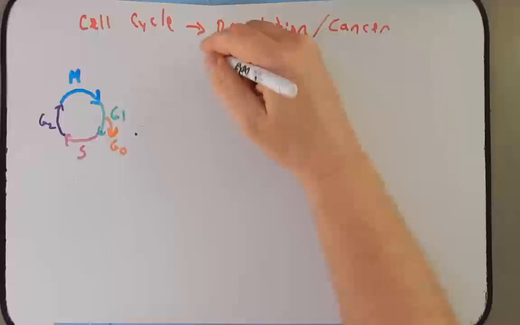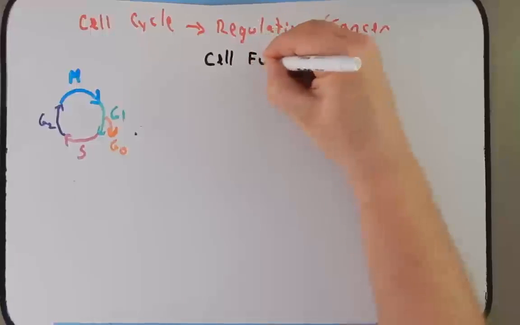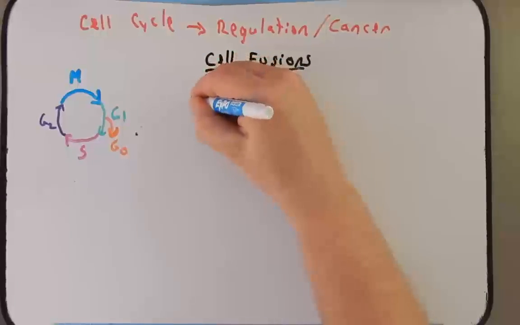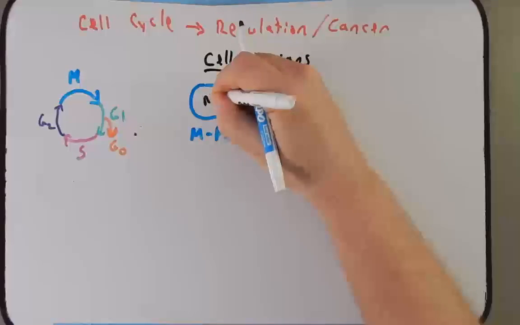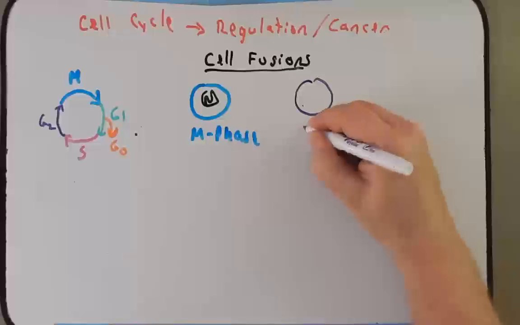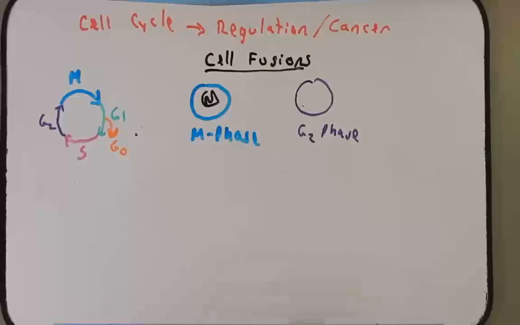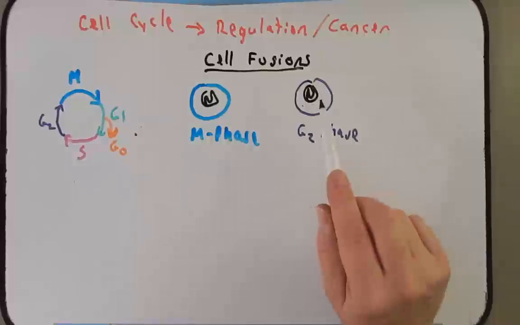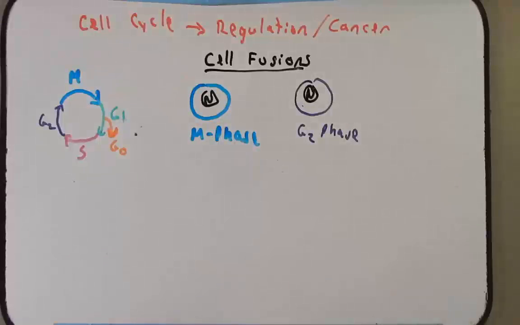The first set of experiments involved studies that used cell fusions. So what they did in these cell fusion experiments is they took a cell that had a nucleus that was in M phase. They then took this cell and fused it with a cell in G2 phase, also of course containing a nucleus that was in G2 phase, meaning that the DNA had been copied and was ready to enter M phase but had not quite done that yet.